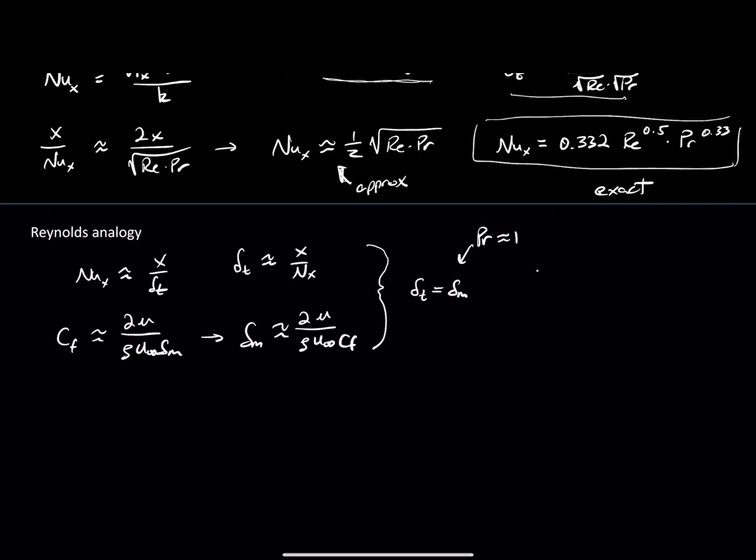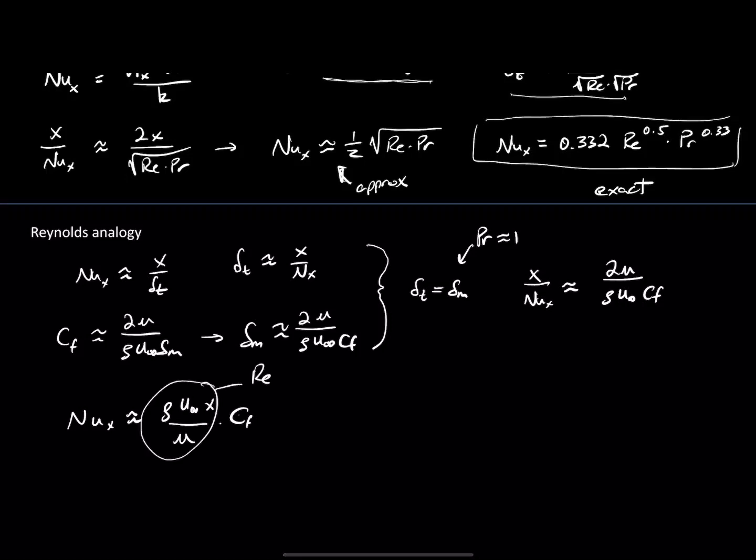Then we get x over Nusselt is approximately 2 mu over rho u infinity cf. And then we can write it in terms of Nusselt number. So Nusselt x is approximately rho u infinity x over mu times cf.